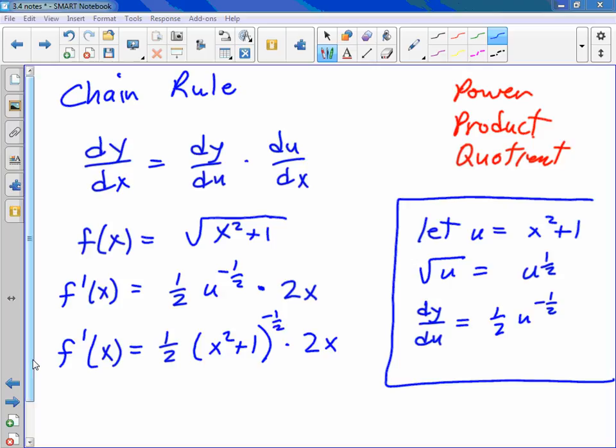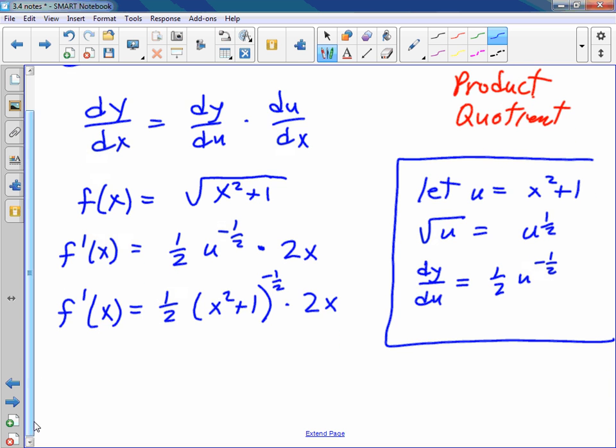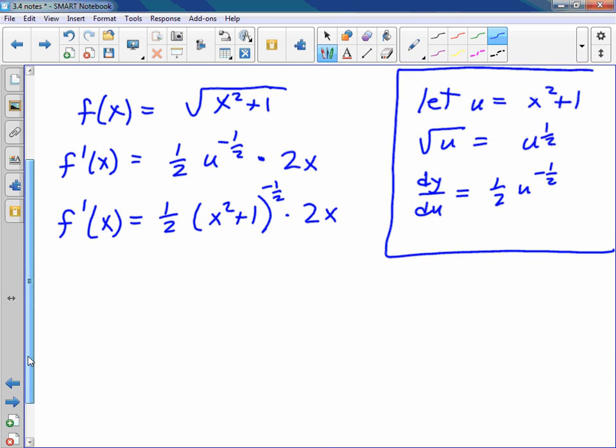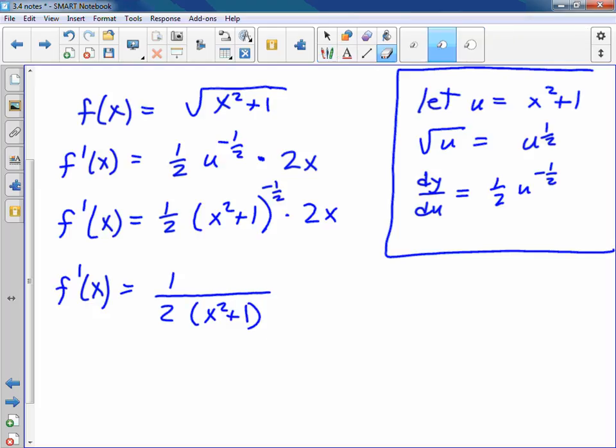And then you could leave it there, and like on the AP Calc exam, they're fine with that. For Chemeketa, they'd probably rather see you get rid of the negative exponent and clean that up a little bit. So f prime of x equals, how could we clean that up? We could go 1 over what? Be careful. 2 times the quantity x squared plus 1 to what power?